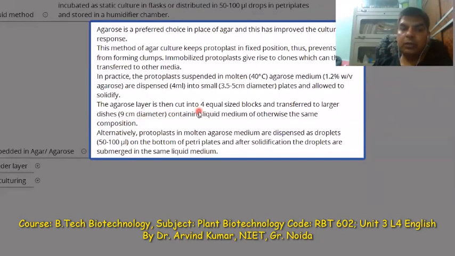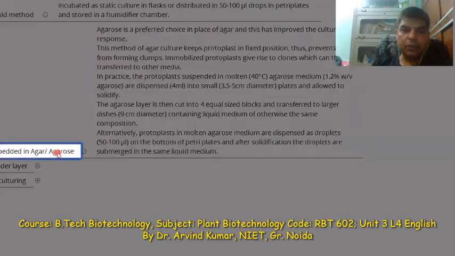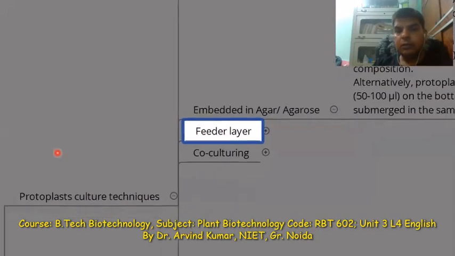The agarose layer is then cut into 4 equal sized blocks and transferred to larger dishes containing liquid medium of otherwise the same composition. So we first prepare some plates in which we add this protoplast solution, and then we keep on multiplying them or transfer them into a suitable agar plate. In this way we can find the cells cultured there.